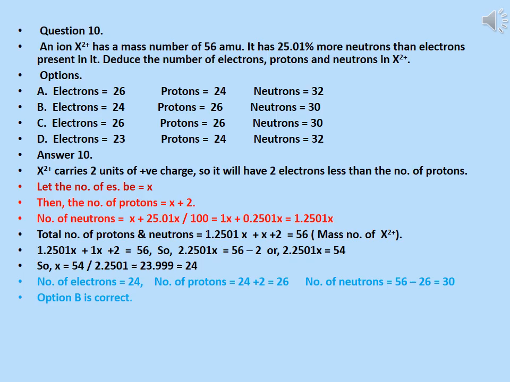How many protons? 26. So 56 minus 26 is 30. Therefore, number of electrons 24, protons 26, neutrons 30. So option B is the right option.